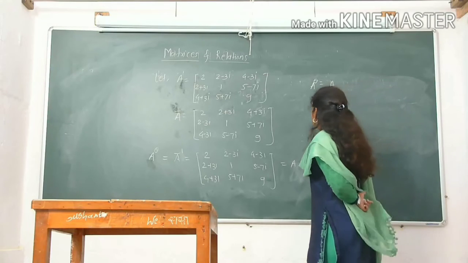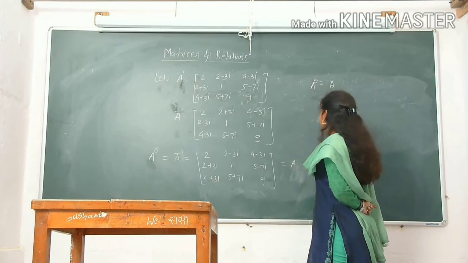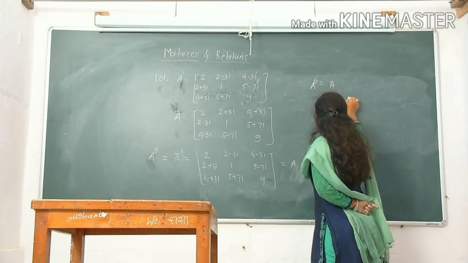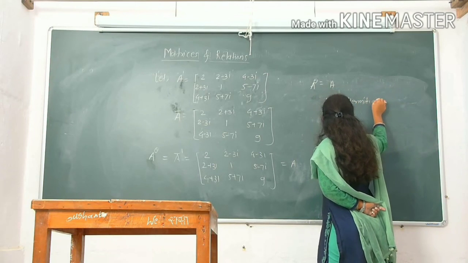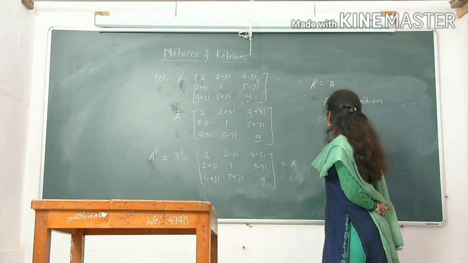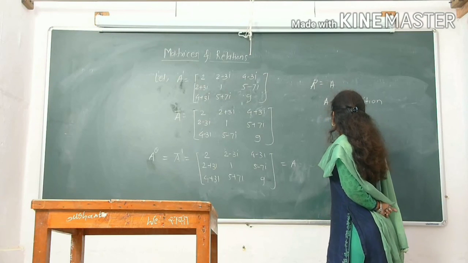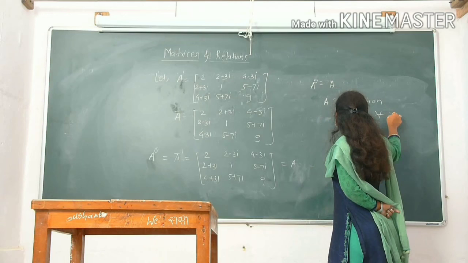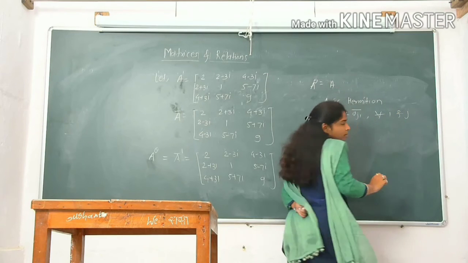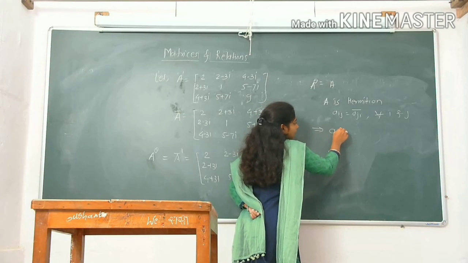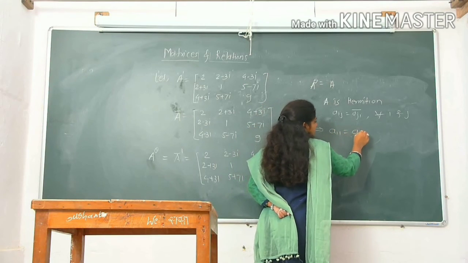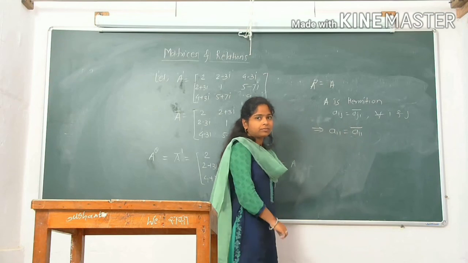Now, by the definition of a Hermitian matrix, we know that a matrix A is Hermitian if Aij is equal to Aji bar for all i and j. Which implies Aii is the same as Aii bar.